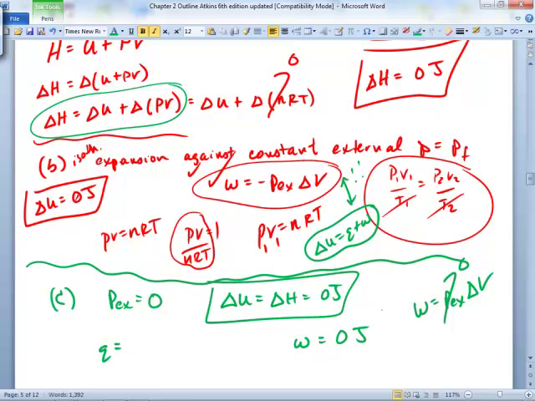Well, if it's 0, I love part C. Q has to be 0. Right. It's isothermal. You've got to keep the temperature constant. And there's nothing pushing up against it. It's a vacuum. It can't lose any energy. There can't be any change in internal energy.